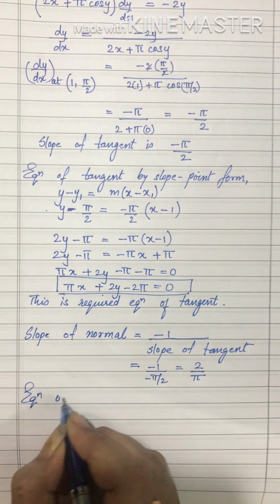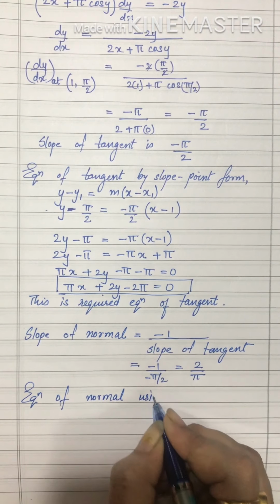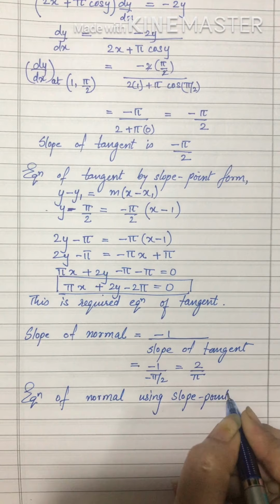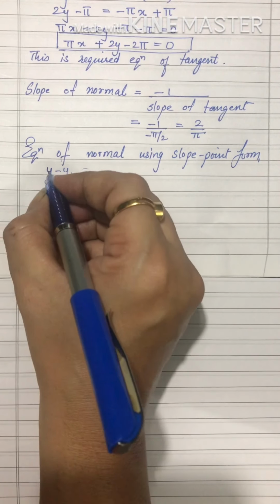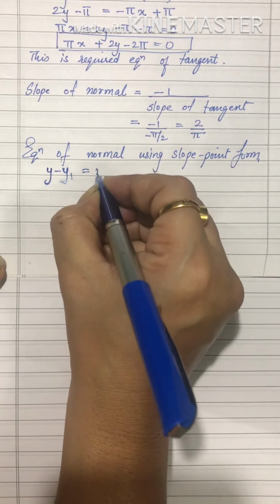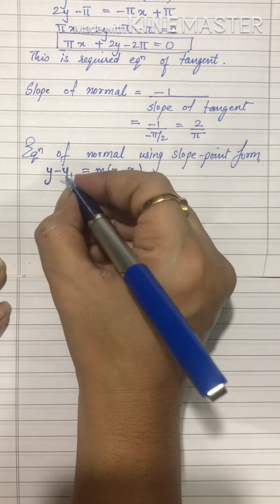This is the slope of normal. Now the equation of normal using slope point form. Okay, now again we will take the same formula. y minus y1 is equal to m into x minus x1.